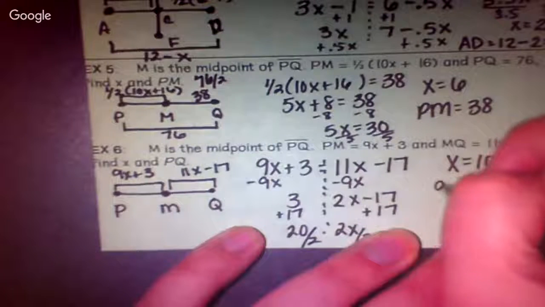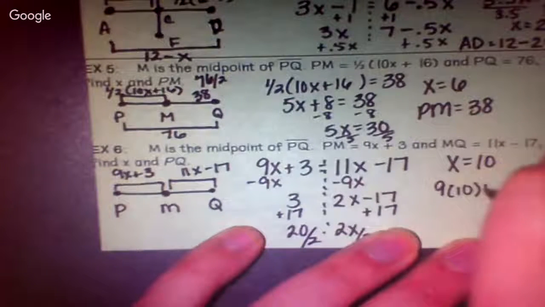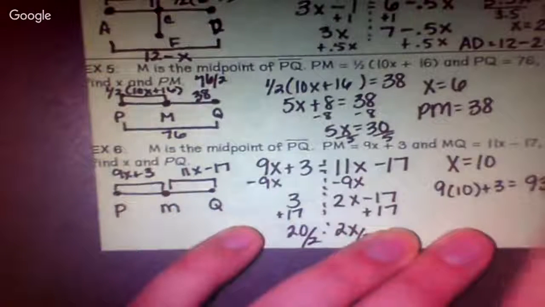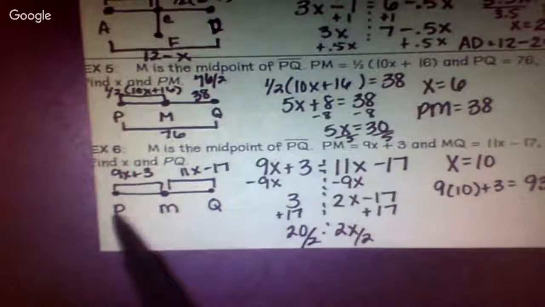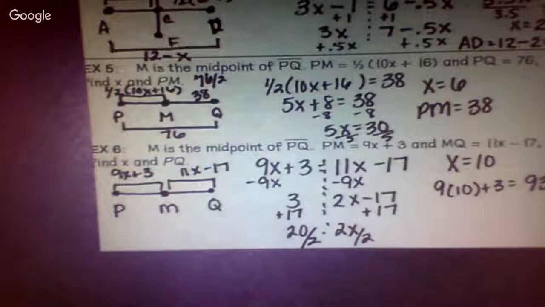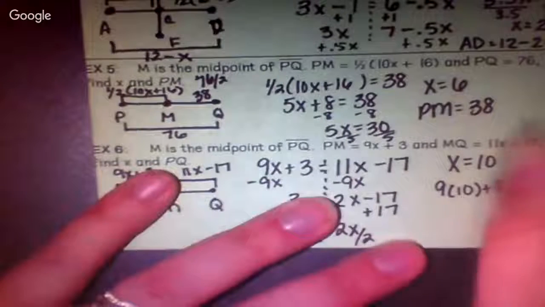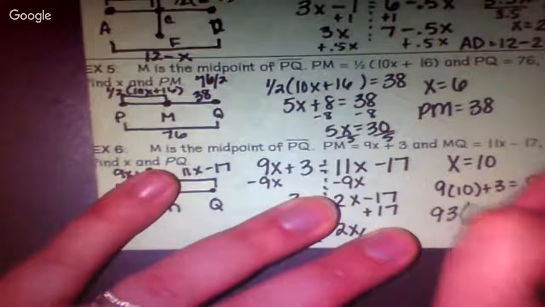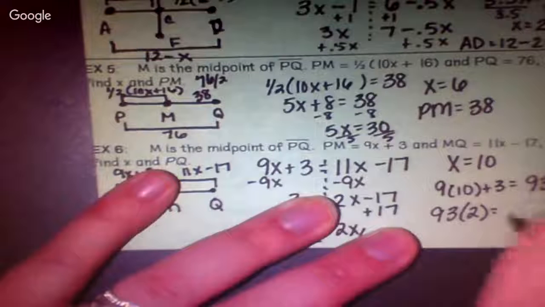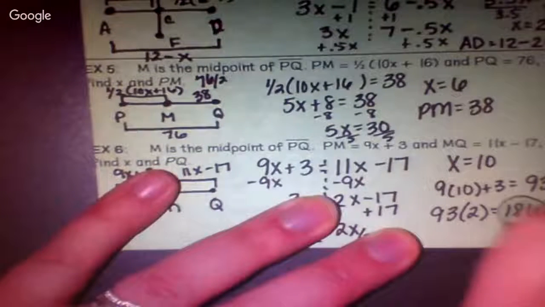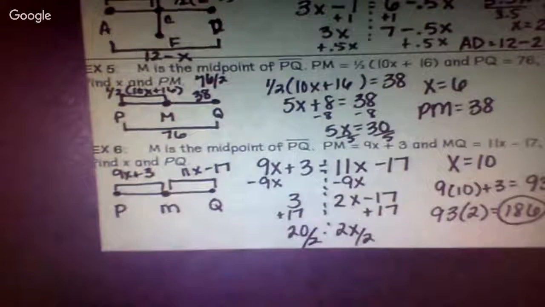So 9 times 10 plus 3 is what? 93. Okay, so 93 is the distance between P and M. So what is the distance between P and Q? Multiply it by 2 or add it to itself. So 93 times 2 is 186. 186.